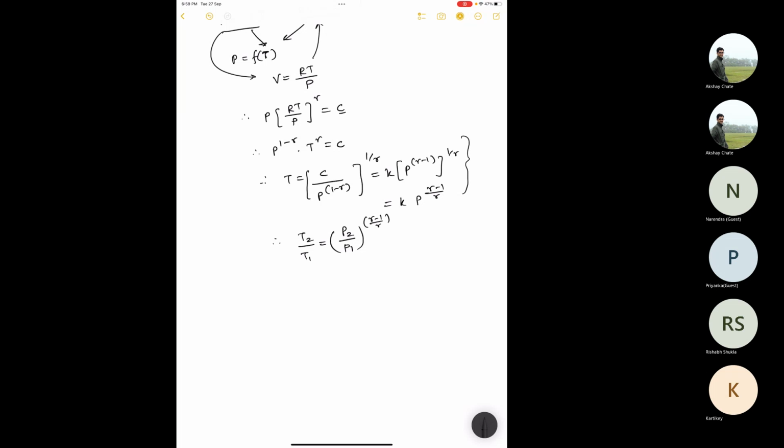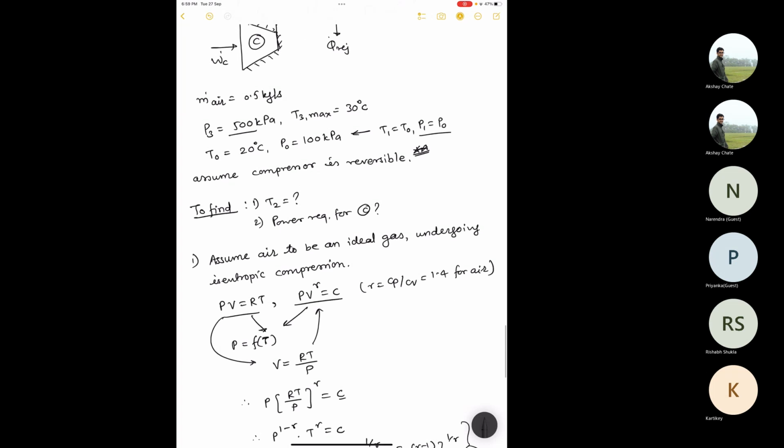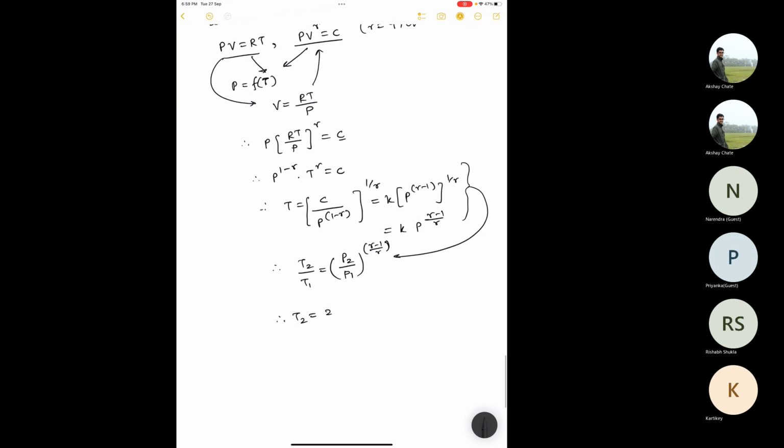So from the simple ideal gas equation and the adiabatic process formula, you can derive this. Maybe in an exam, if you forget, you can derive it easily, no issues. So now just plug in the values. T1 is, I think, 20 degrees Celsius. Yeah, T1 is 20 degrees Celsius.